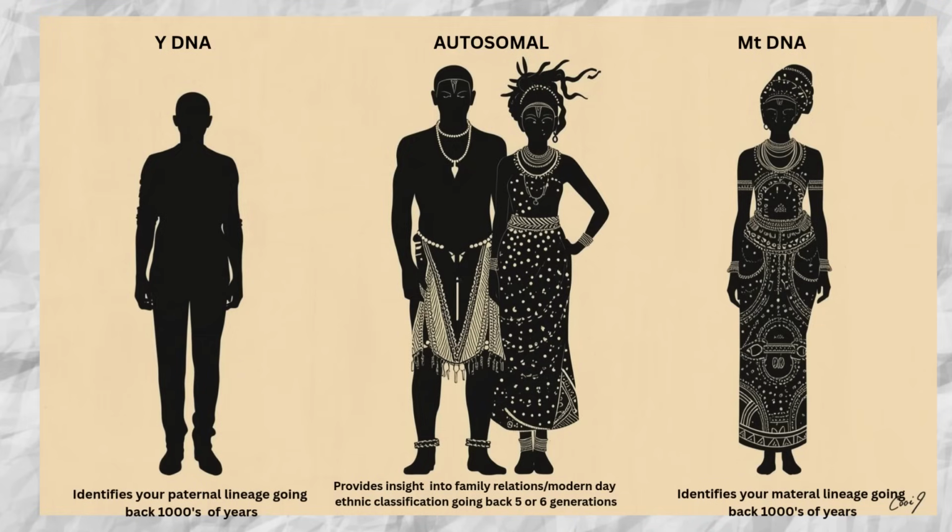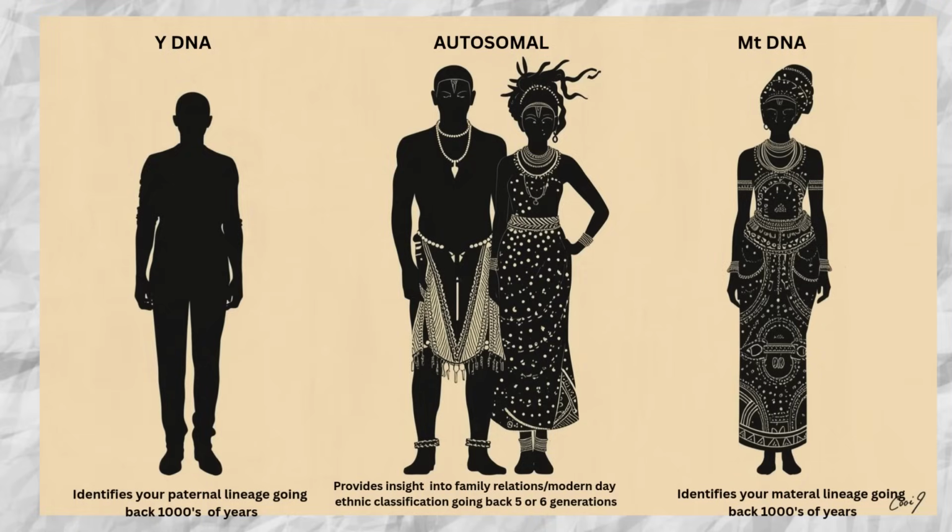So they're good for finding, let's say, a second or third cousin, identifying which modern day populations you're more likely to be derived from, that sort of thing. Again, 5 or 6 generations back. And then you have mtDNA, which, similar to Y-DNA, goes back thousands of years, but it tests your maternal line.